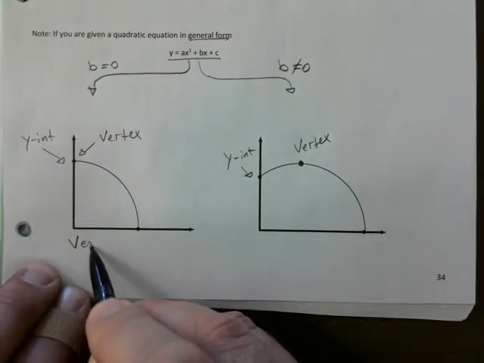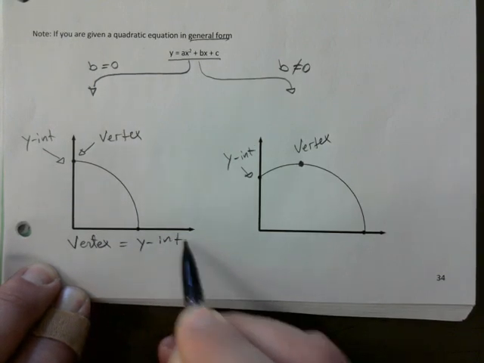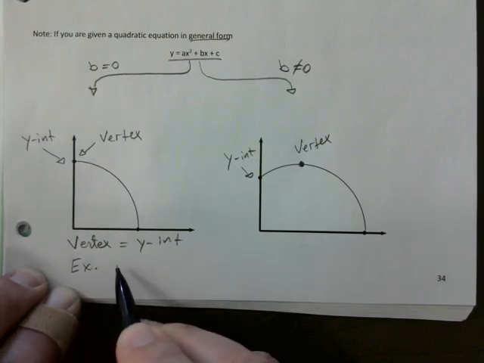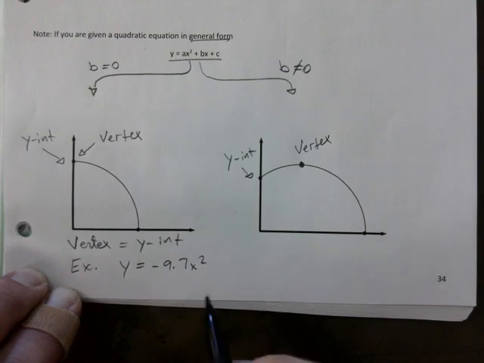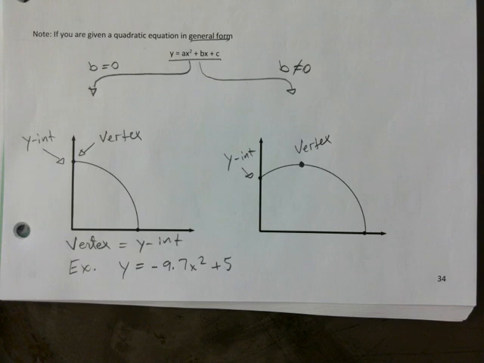So when the vertex is going to be equal to the y-intercept, an example of an equation like that would be y is equal to negative 9.7 x squared plus 5, let's say. There's no b. b is equal to 0. That's why there's no x term. Right? No x term.